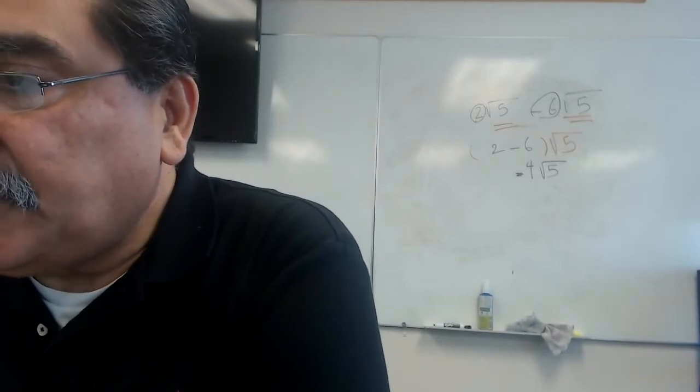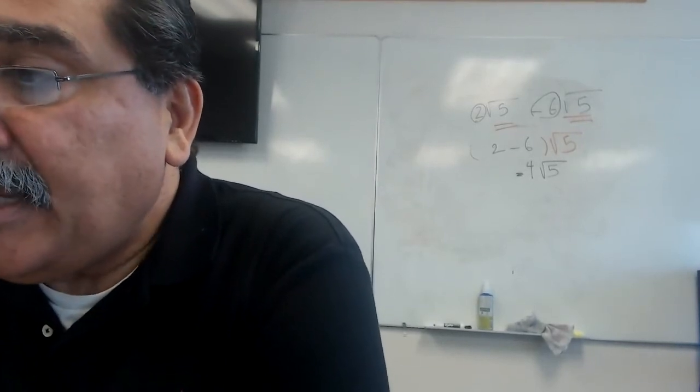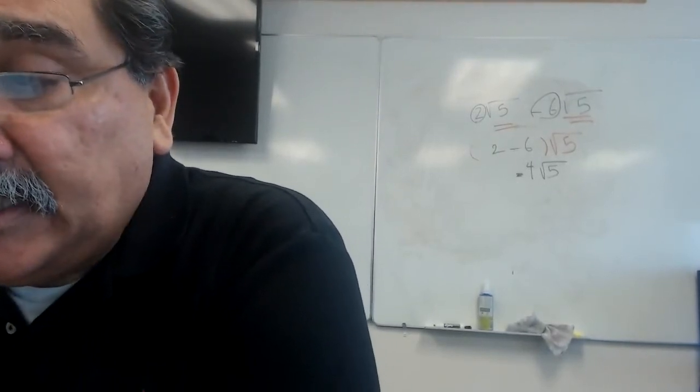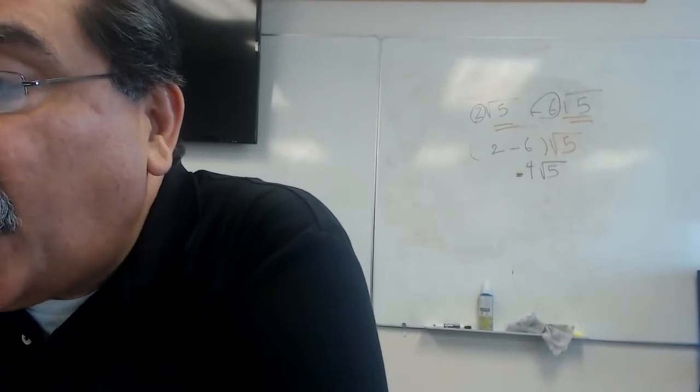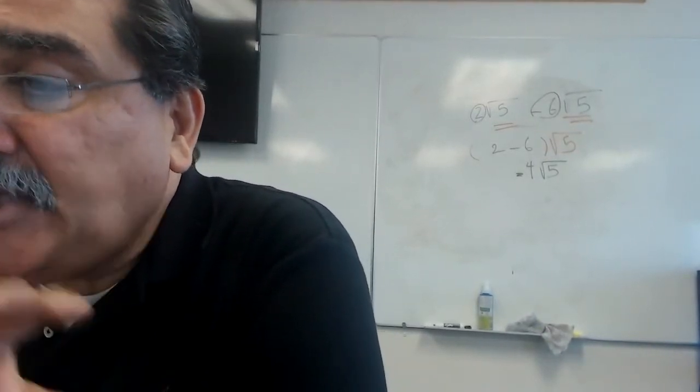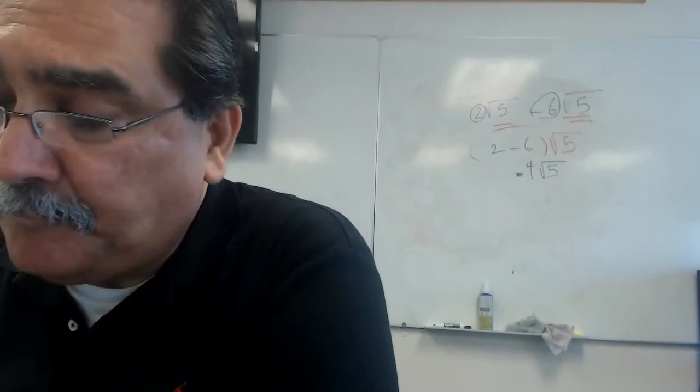Same with multiplication. And remember, it has to be the same operation in order to do that. Distributive is like this. If you have a number A times parentheses B plus C, the result is A times B plus A times C. All right?